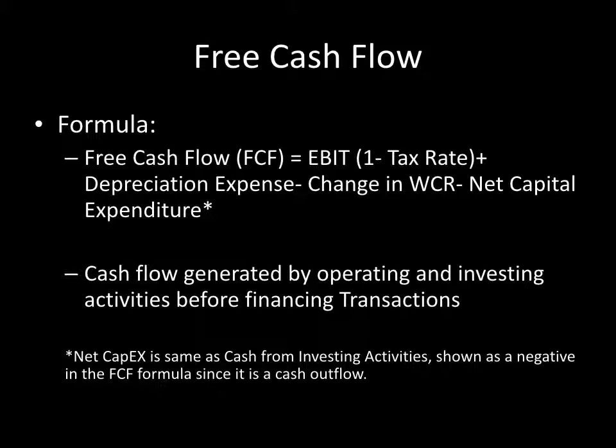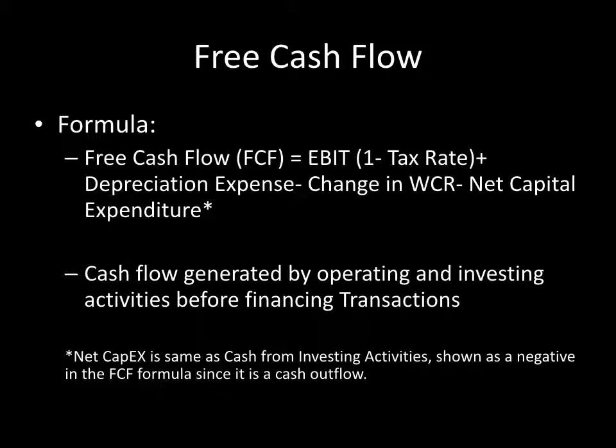So free cash flow is a pretty simple concept. It literally is a formula where it equals earnings before interest and taxes, but to take that number, you have to adjust it and subtract taxes from it. So one of the ways you can do it is you calculate what a tax rate is, which would be your tax expense divided by your income before taxes.